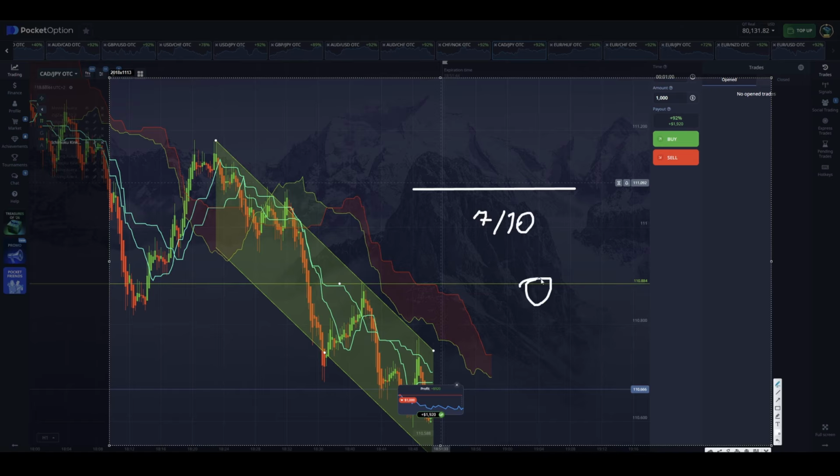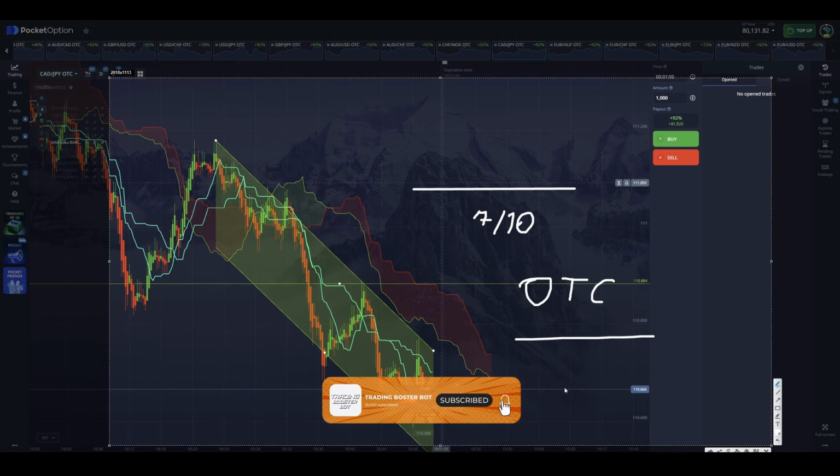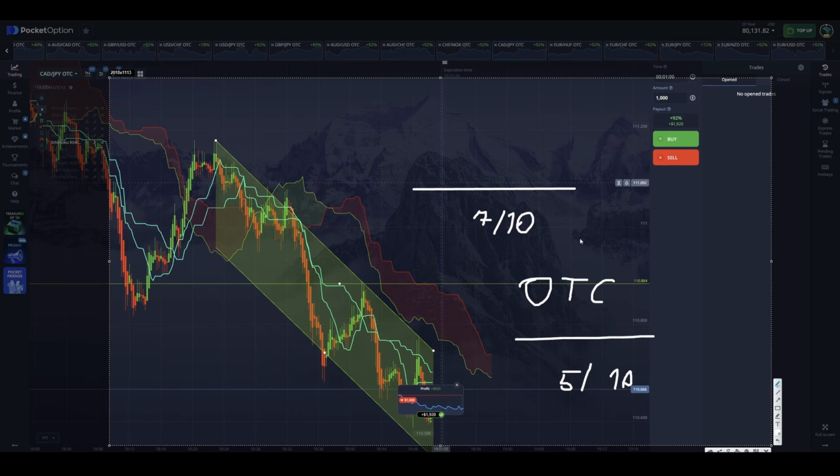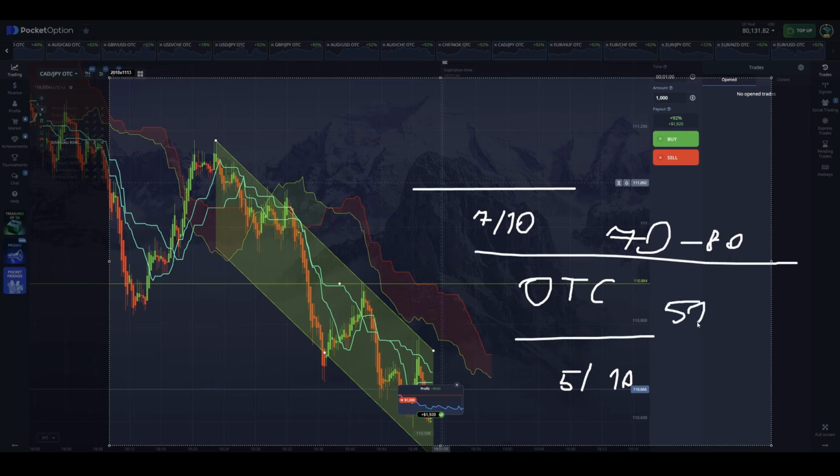But on OTC, that same level will only give us 5 out of 10 trades. And it's pretty much the same with all technical tools. So on the regular market, we get about 70 to 80%, specifically with technical tools, but on OTC, we get about 50 to 60%. That's why indicators work better here. If you want to work with indicators, then this market is right for you.